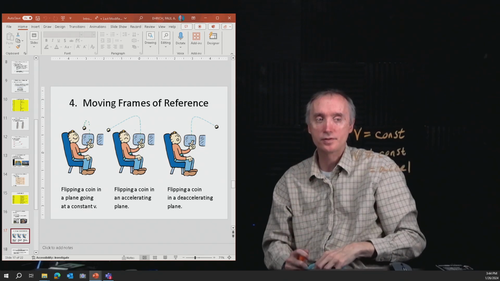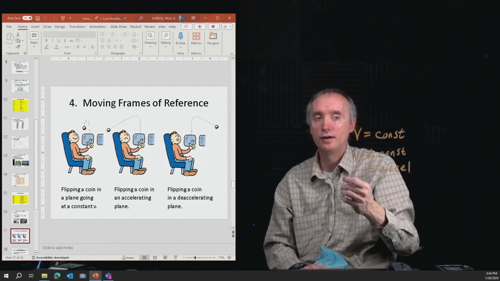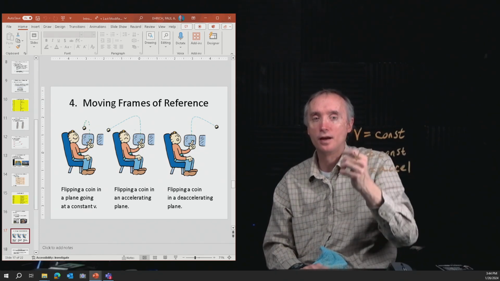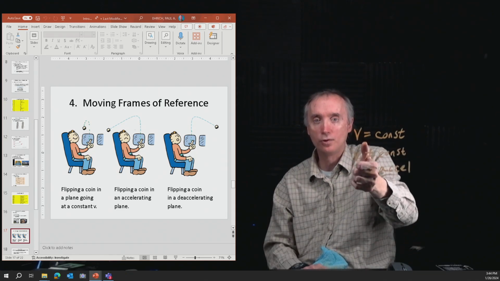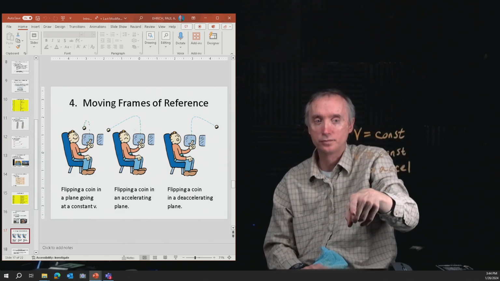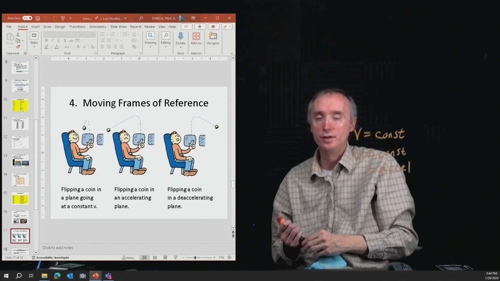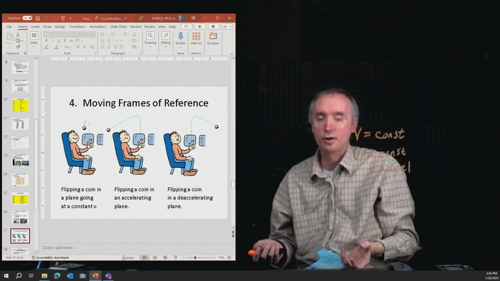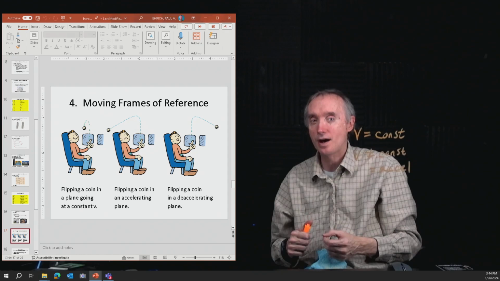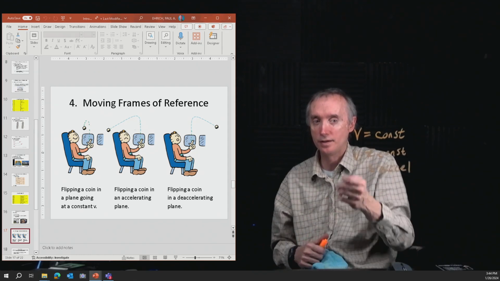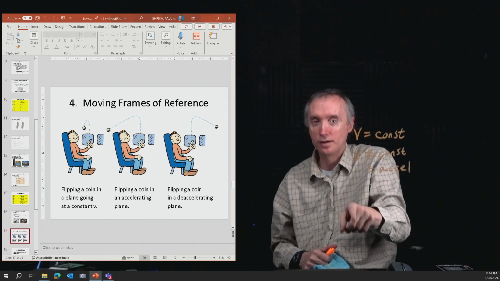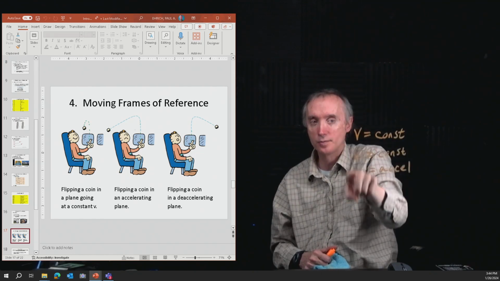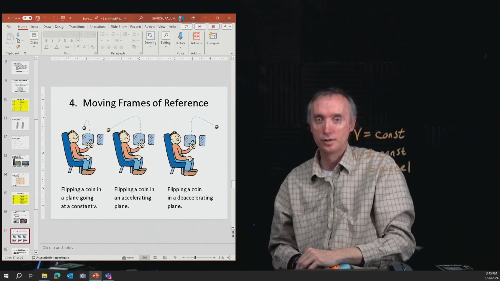And so we've got this situation here where you have a person that is going to flip a coin up into the air. Now, case number one is they're on an airplane and the airplane's not moving. And they take the coin and they flip it and it goes straight up and then it comes straight back down.